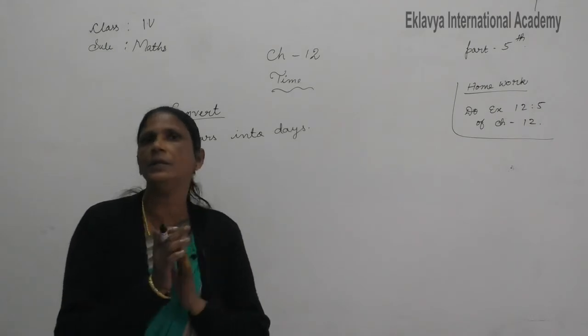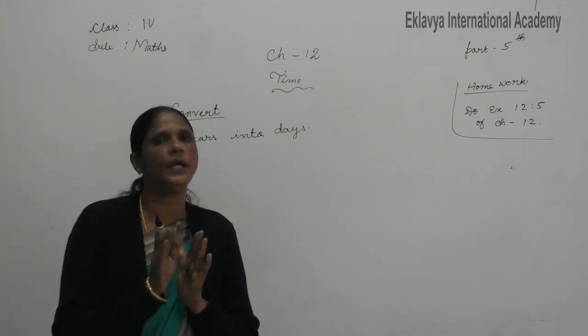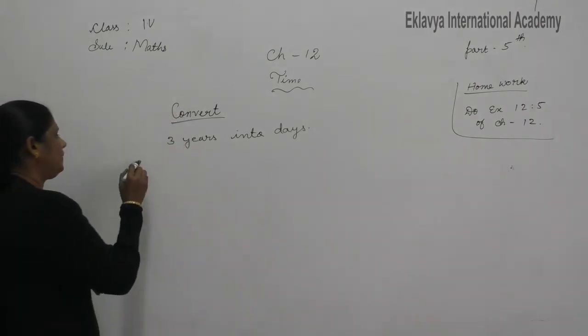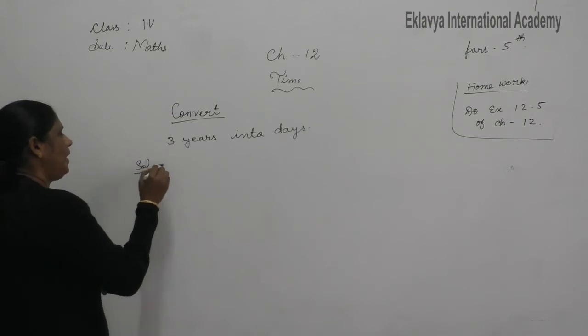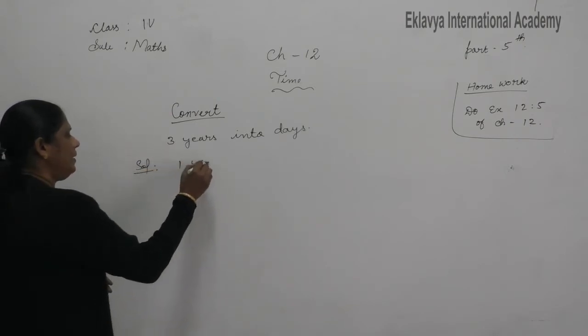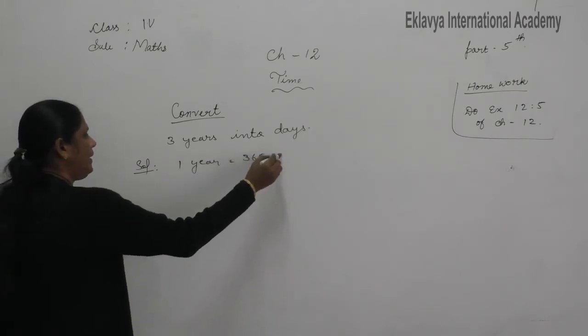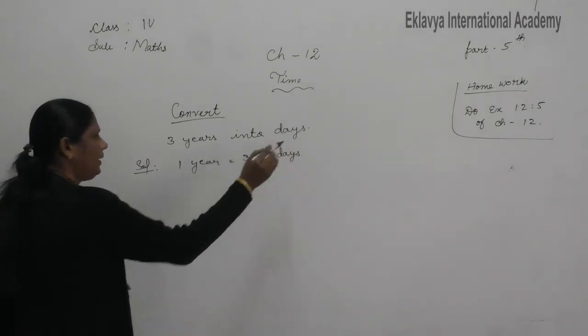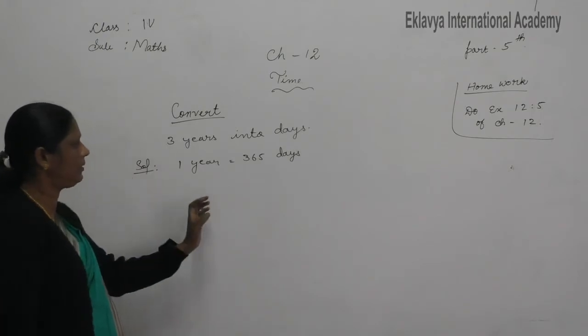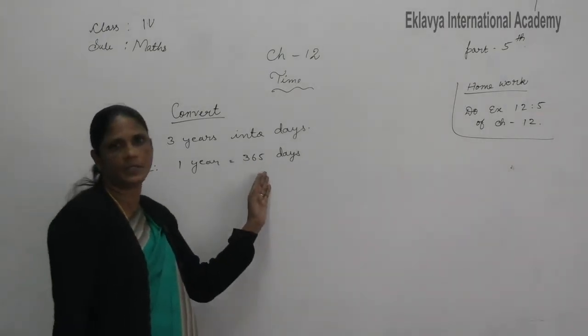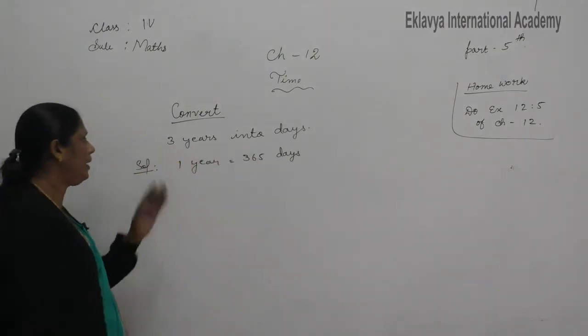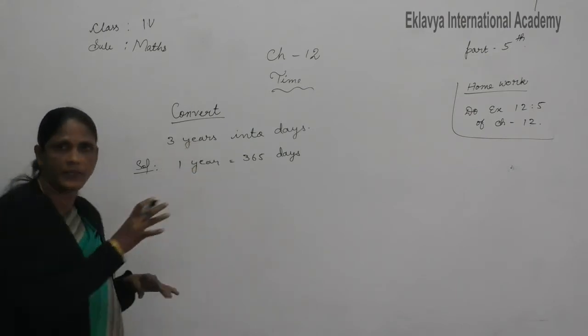We take 365 days. Solution: 1 year is equal to 365 days. How many years do we have?